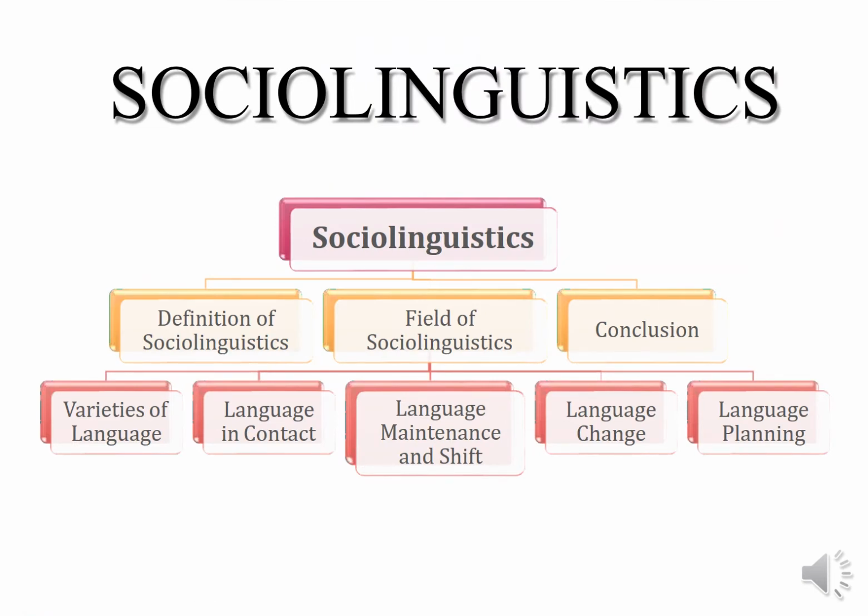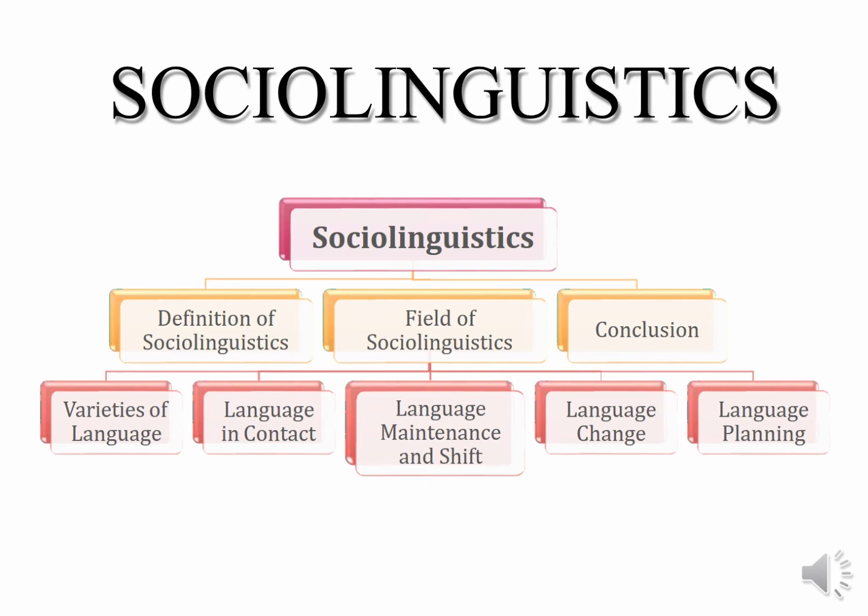In today's lecture, we will take a look at what sociolinguistics is, the different definitions of sociolinguistics, and the field of sociolinguistics. In the coming lectures we will cover varieties of language, language in contact, language maintenance and shift, and the change of language or language planning.